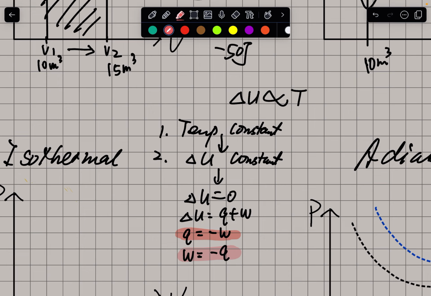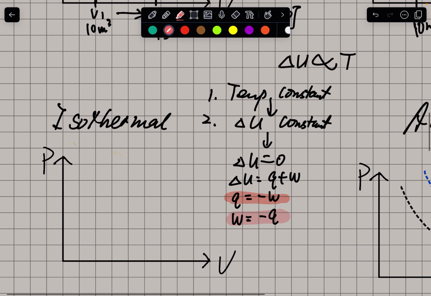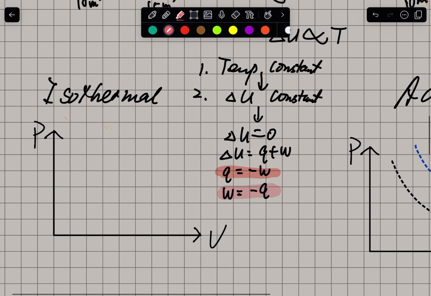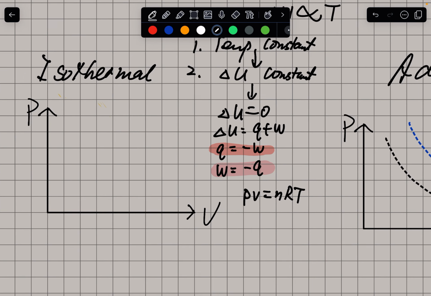All right, so what does the isothermal graph look like, okay? Let me remind you of the ideal gas law equation, PV equals nRT, or NkT in some cases. It's the same thing, okay? It's a constant. So if I rearrange it, P equals nRT over V, right?